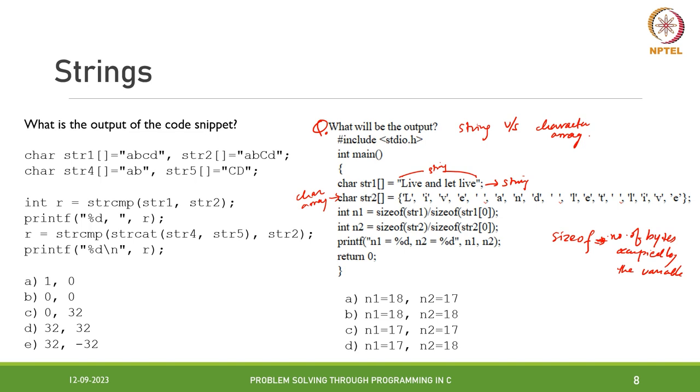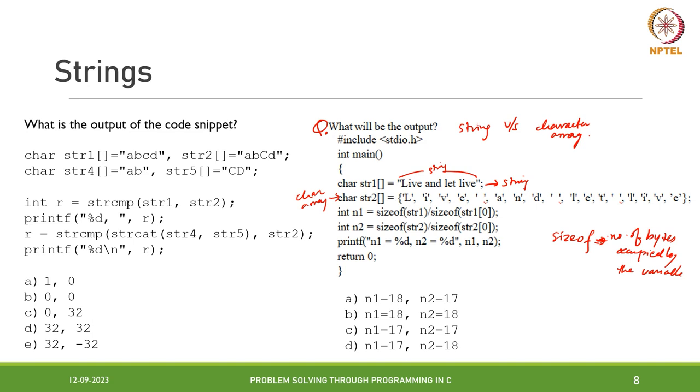Exactly. Like I said in the previous question, every string ends with a null character, but a character array does not. In the character array we have not specified any null character here, so there is no null character, but in the string there is a null character which is automatically added to the end of the string. So there are actually 18 characters here, not 17.